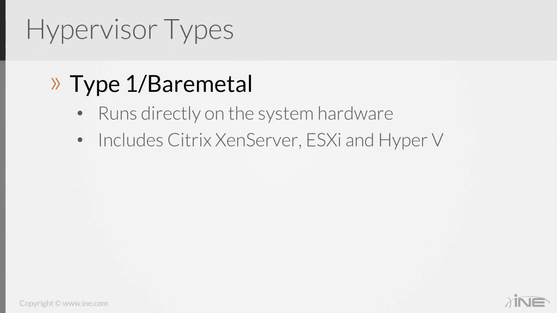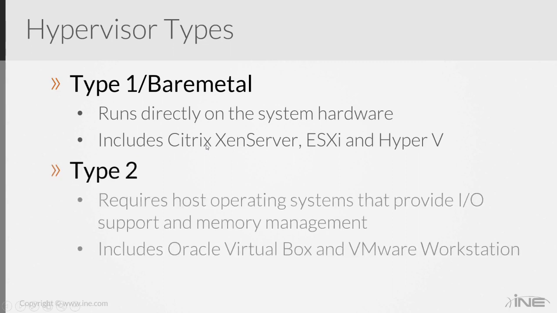All of these would fit into the category of a bare metal hypervisor, seeing that they run directly on top of the hardware. So the hypervisor controls the hardware directly, and your guest OS that runs on your VM would run as a process on that host. So that's about that for type 1 hypervisor.